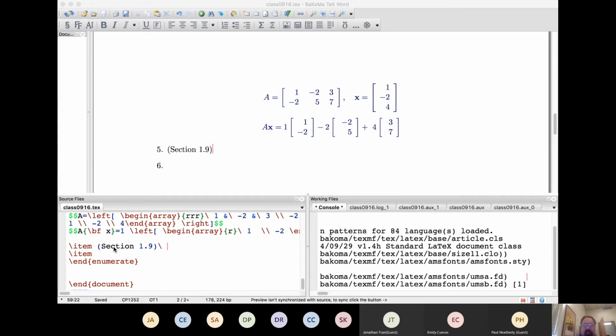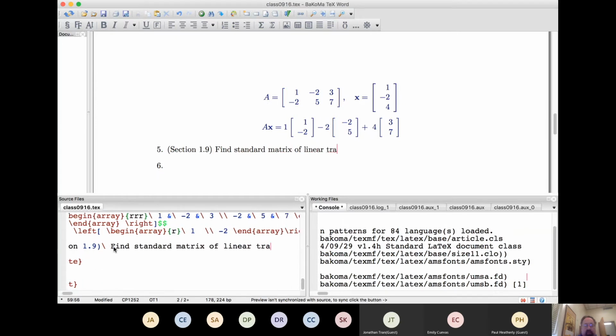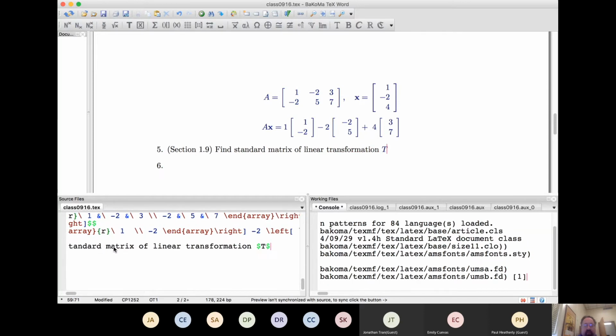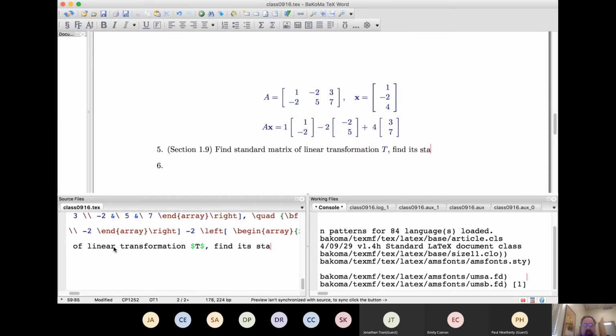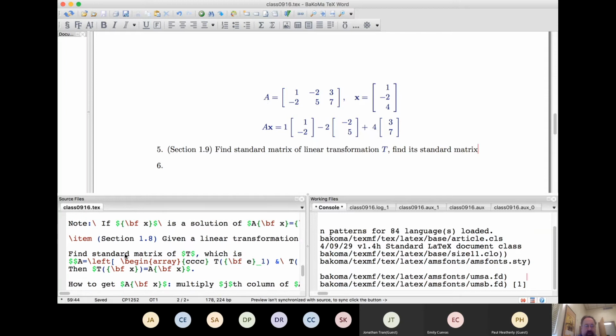Next. So again, given a linear transformation T, find a standard matrix. And I had typed that out earlier, so let me go ahead and grab that.